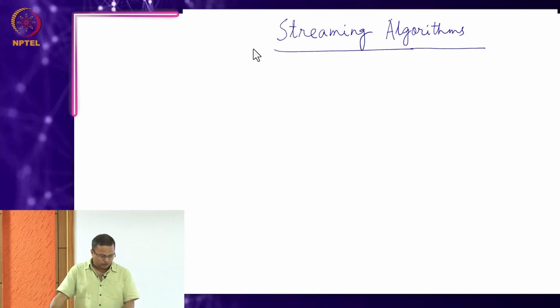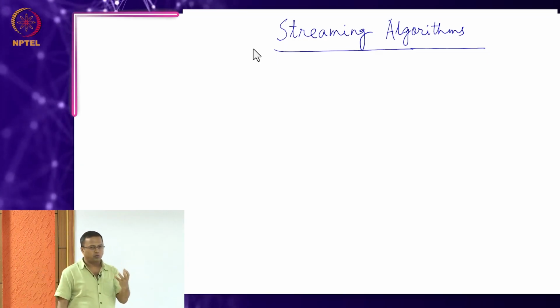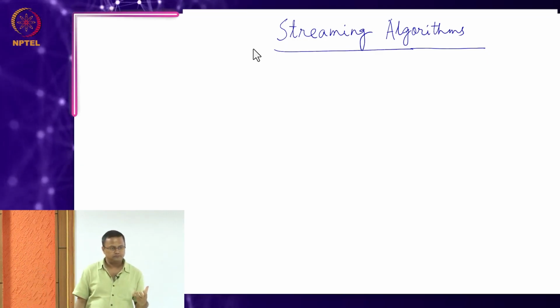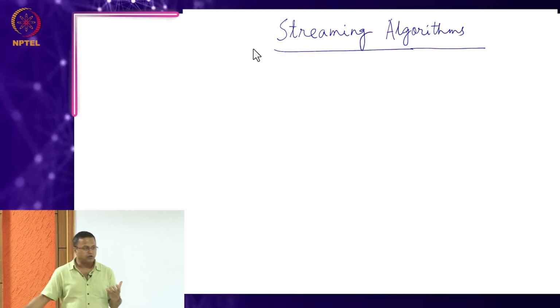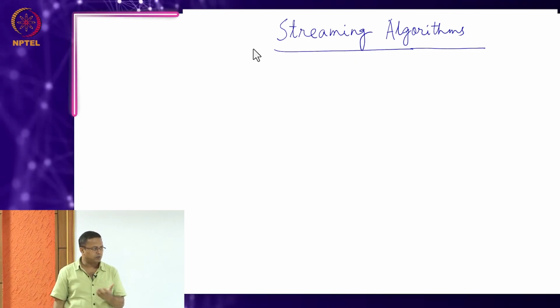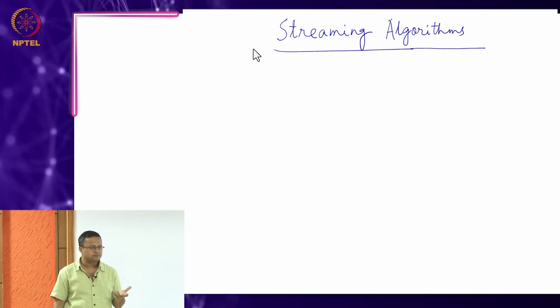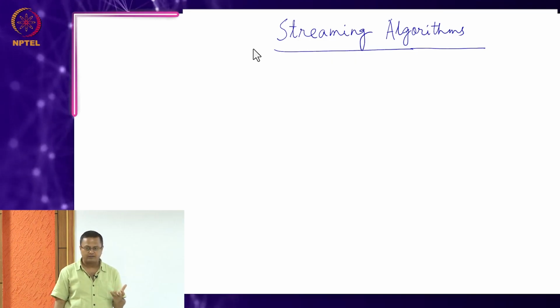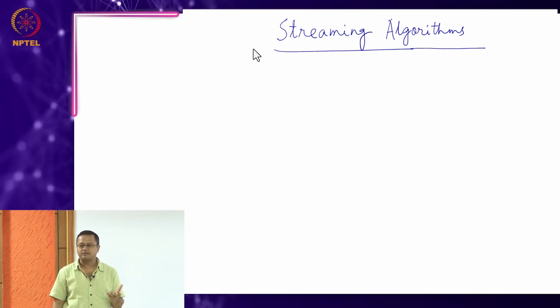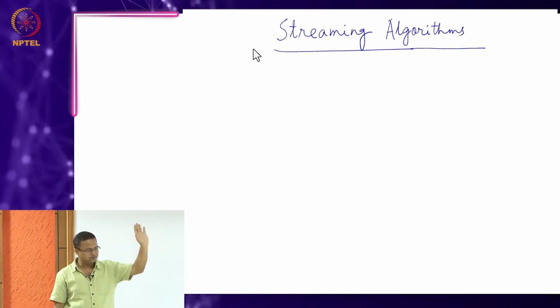Now, think of the following situation. You have a network router. Think of the traffic going through it. So, what does the network router do? Gets a packet, checks its destination address where it has to go, sends it.